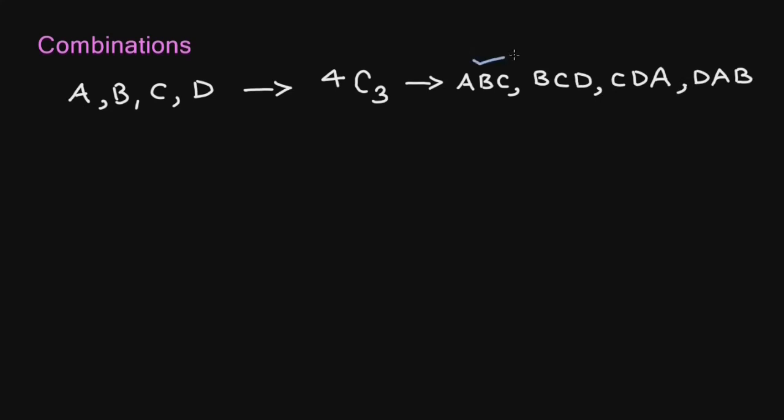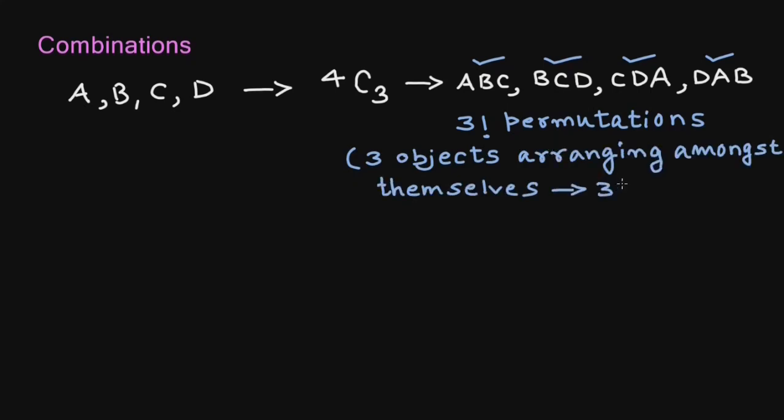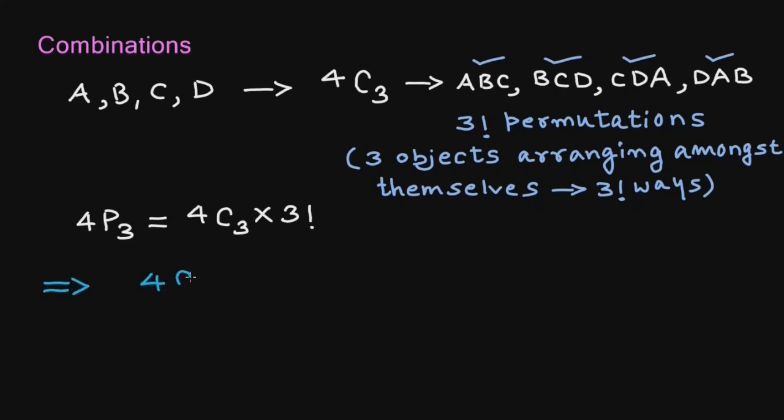Now, corresponding to each of these combinations, we will have 3 factorial permutations, that is 3 objects arranging amongst themselves in 3 factorial ways. This we write as 4P3 equals 4C3 multiplied by 3 factorial, which implies 4C3 equals 4P3 upon 3 factorial.